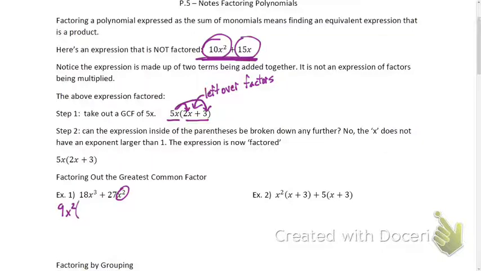All right, 9 times what gives me 18? And that's a 2. X squared times what gives me x cubed? That's an x. 9 times 3 gives me 27. And I took both of those x squareds out. X squared times 1 gives me x squared, so we're done.